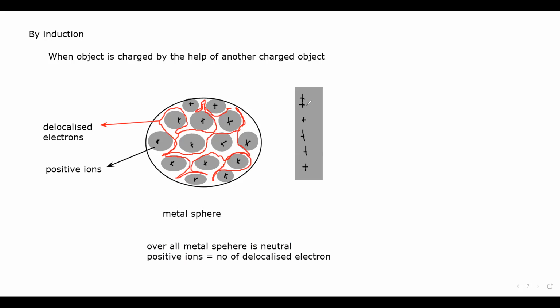So as like charges repel and unlike charges attract each other, what happened? Electrons are attracted towards the charged rod, which we bring. So electrons are attracted because unlike charges attract.